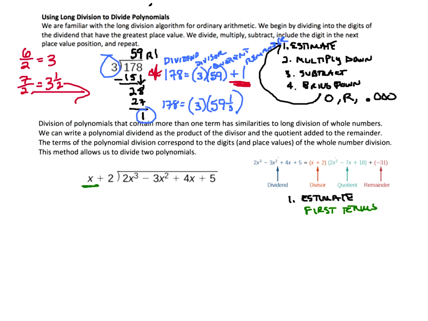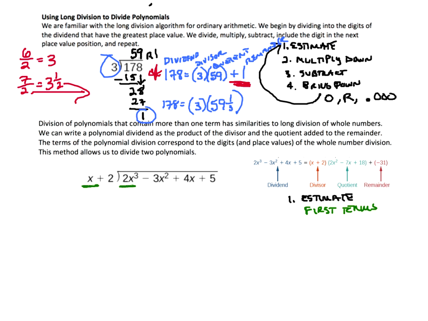In other words, here's the first term of my divisor. Here's the first term of my dividend. And that's what I'm going to be focusing on right now. So I asked myself the same question that I asked myself in the numerical example. What would I need to multiply x by to get 2x cubed?